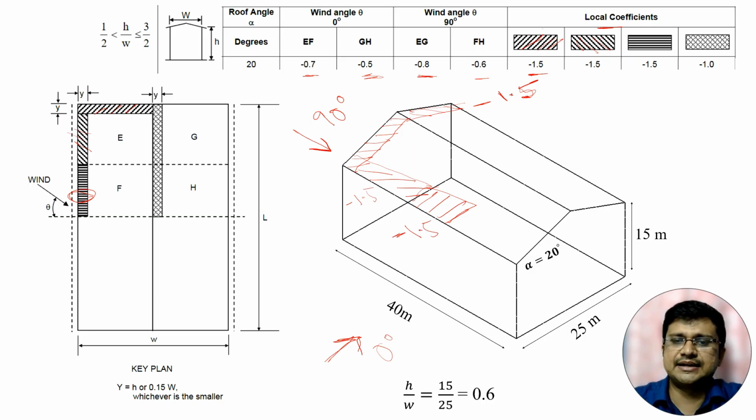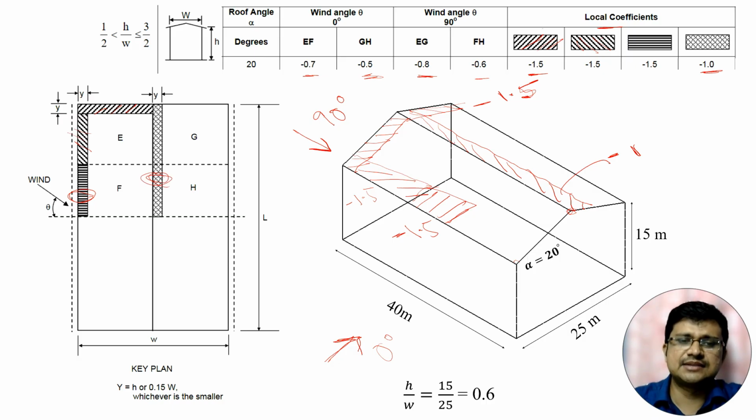And after the ridge line, there are two separation points, one is here, one is here. So after this point, that local pressure coefficient is minus 1.5, and after this separation point, here the value of local coefficient is minus 1. For our building, it is minus 1. So in this zone, it is minus 1.